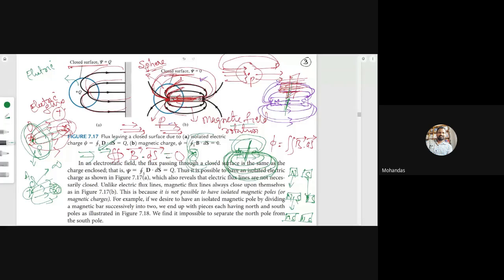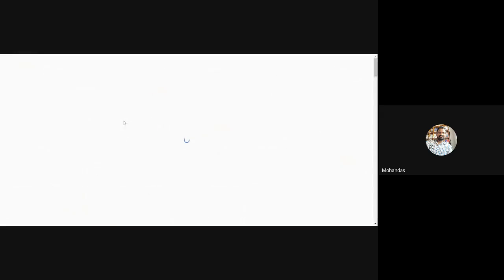But if you take an open surface, obviously the flux lines are leaving only. Understand? What is the reason? Isolated magnetic poles do not exist.